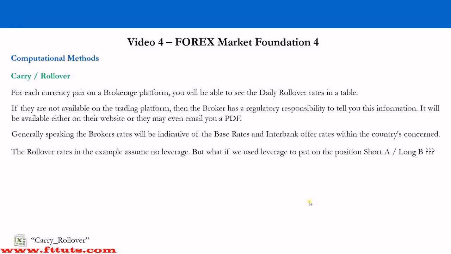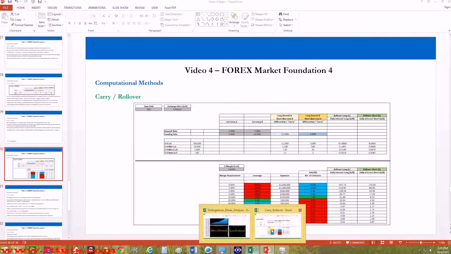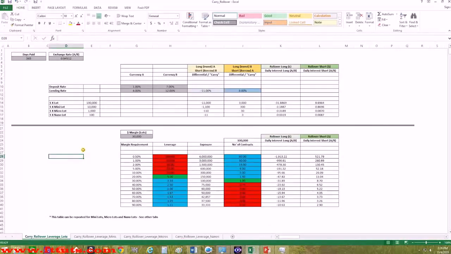Okay, so let's have a look at an example of when we use margin. We're going to be looking at this table down here, and we're going to go over to the Excel spreadsheet that we looked at earlier. It's a pretty basic, straightforward spreadsheet in terms of the computational methods used. It's all linear.